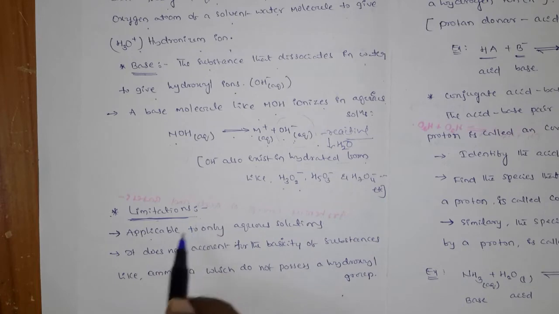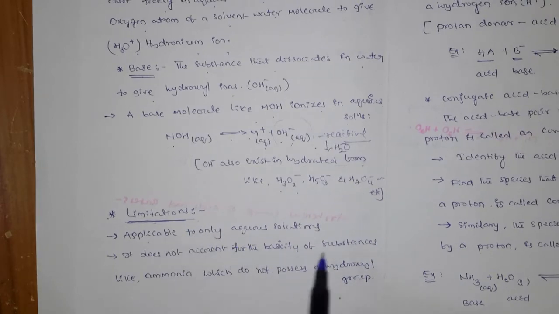The limitation is that it is only applicable to aqueous solutions, because every time he is talking about substances dissolved in water. Some compounds can exist as an acid or a base even without dissolving in water, and those are not described here. So the limitation is that it is only applicable to aqueous solutions, right? And it does not account for the basicity of substances like ammonia, which do not possess a hydroxyl group.